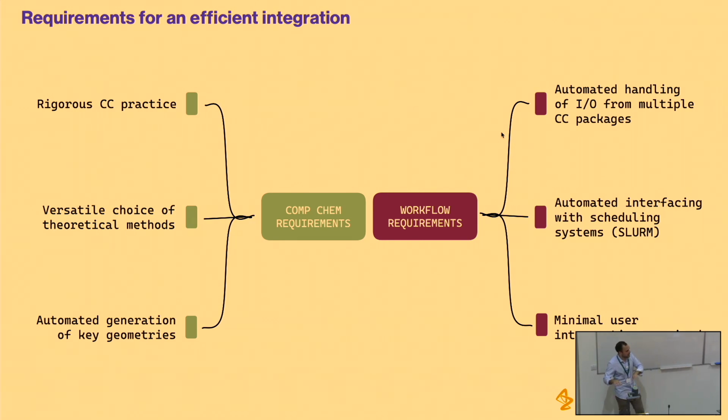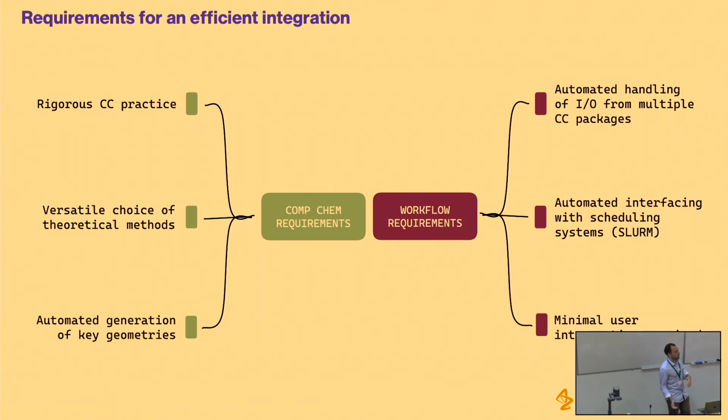In other tasks I want to be a bit more crude, let's say. Having this versatility allows you to deliver better results. And finally, the most important thing is that we need to be able to produce key geometries automatically. When I say key geometries, I mean the transition states and reaction intermediates that I was showing before.